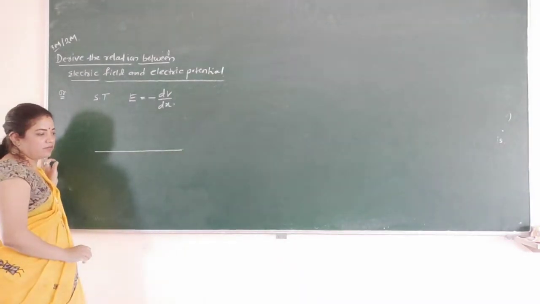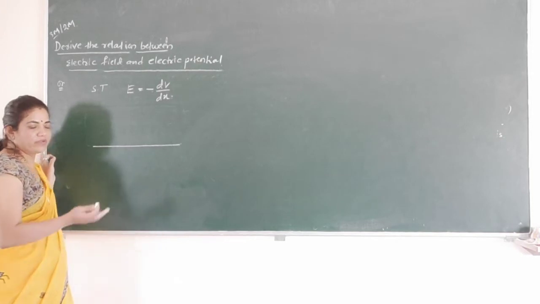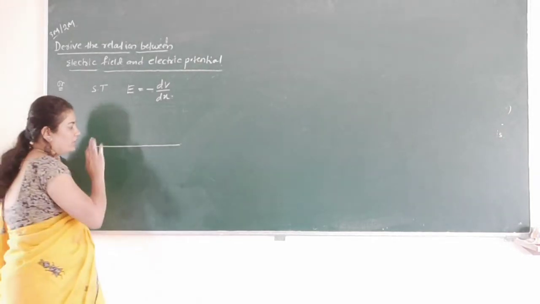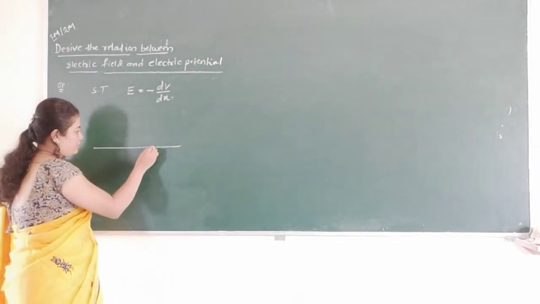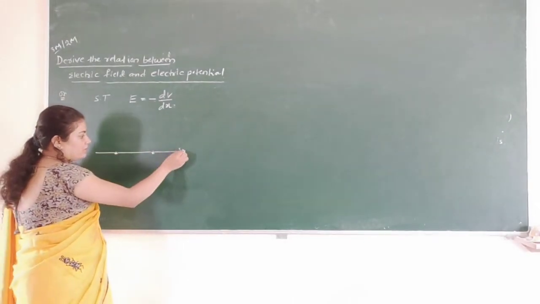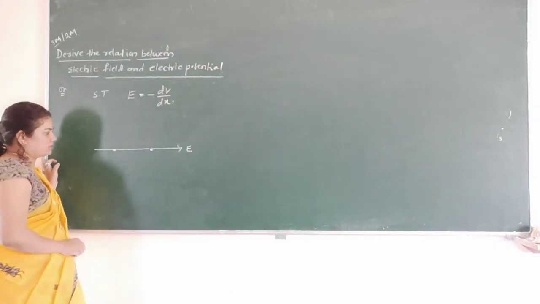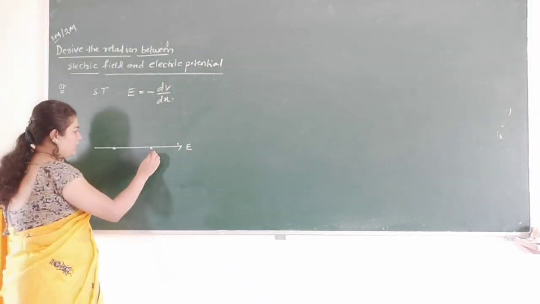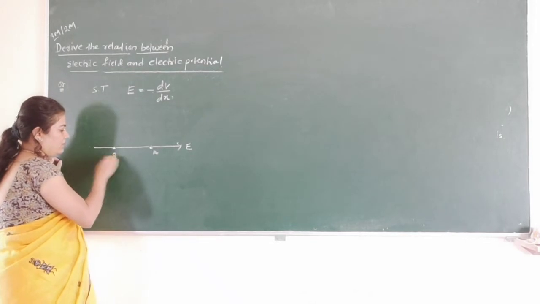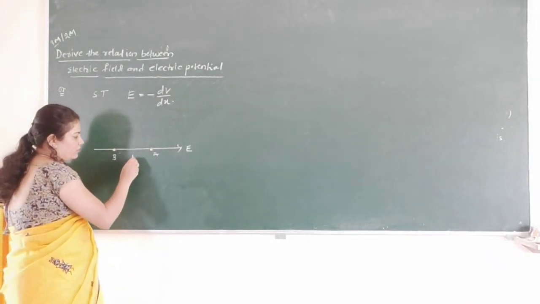Equipotential surface. If you take an equipotential surface, work done will be 0. So here this is not an equipotential surface. This is the direction of electric field, and here is the source charge. I take this as A and this as B. The distance between these two is dx.